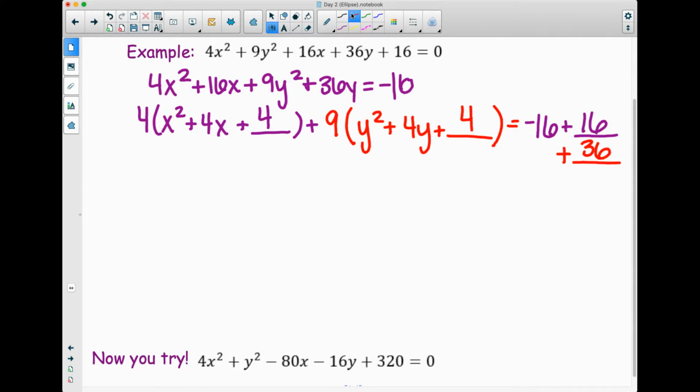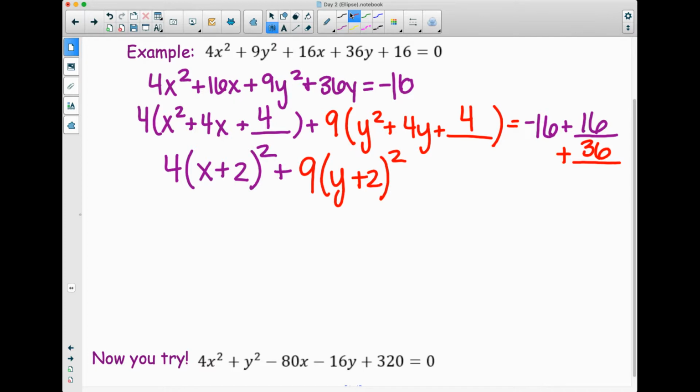So then we factor. And we get 4 times, so if we have multiplies to get 4, to add to get 4, it's just 2 and 2. Then we have the same thing, y plus 2. And that should equal 36.